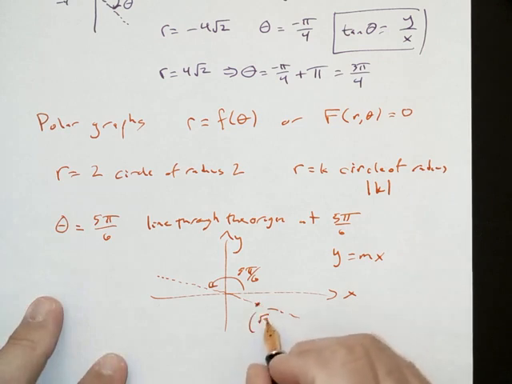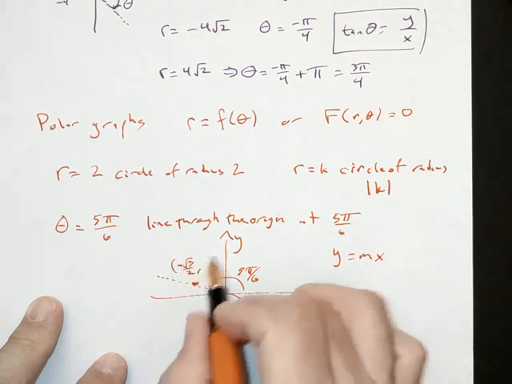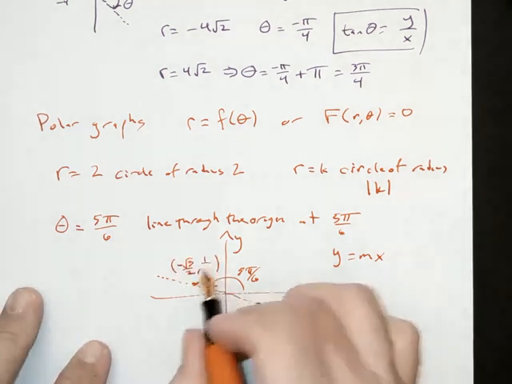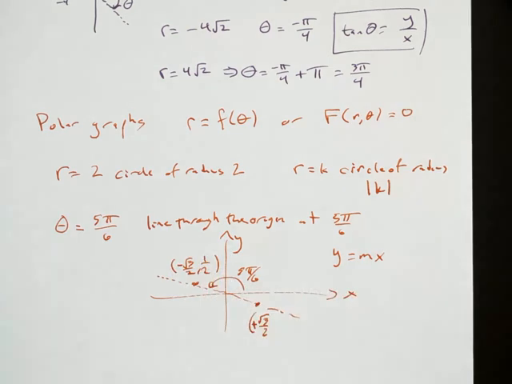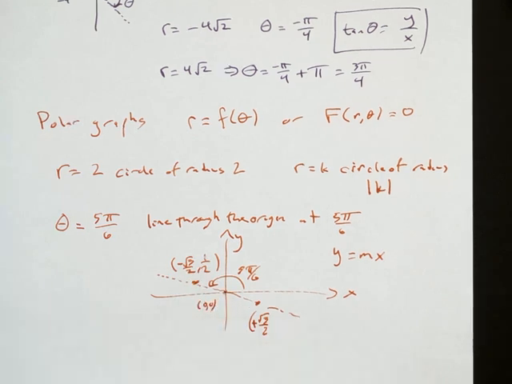Right, I could put a point on here. Negative root 3 over 2 will be over here. And how did you know those numbers? Cosine and sine, right? But then the slope of that line connects this point with the point 0, 0. Yes? So it's sine over cosine. 1/2 minus 0, negative root 3 over 2 over.